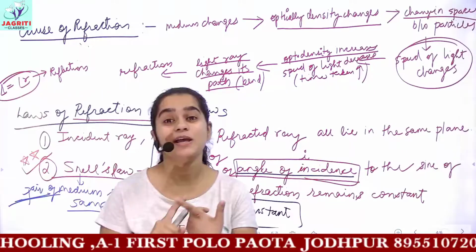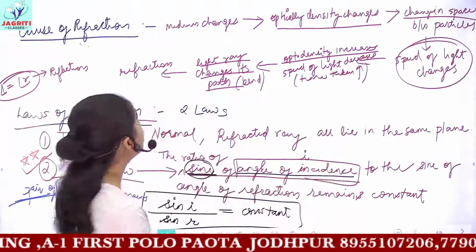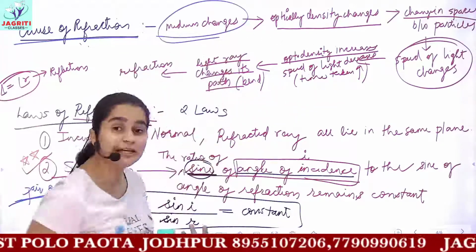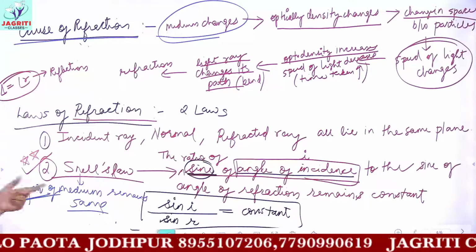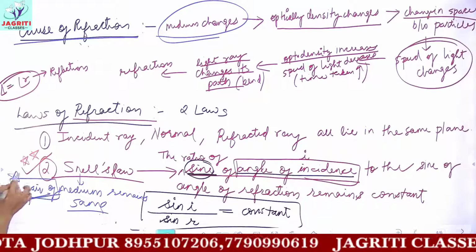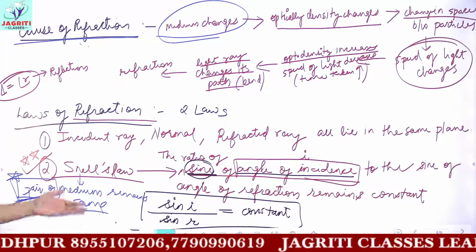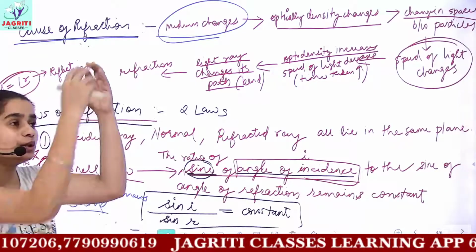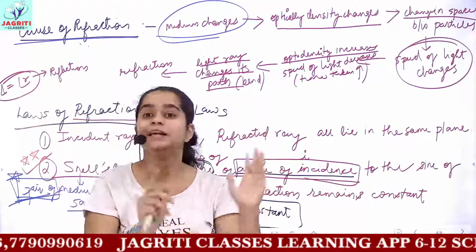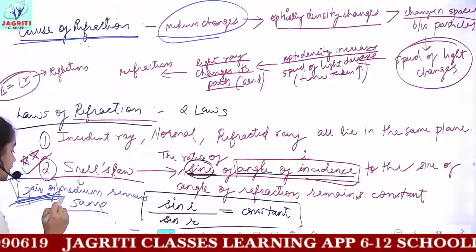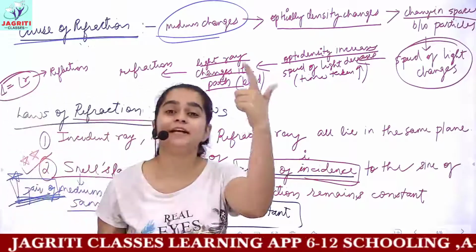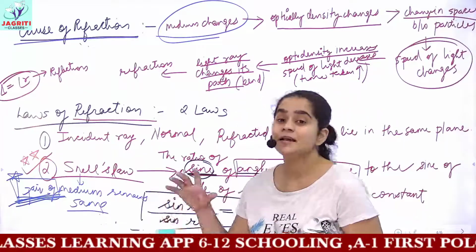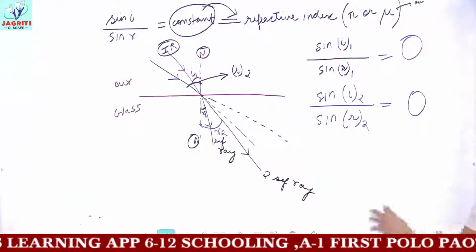Refraction only occurs when you have two different mediums. Due to change in medium, refraction occurs. So this word pair is very important. Do not consider that Snell's law is applicable when mediums are the same. I am not saying that both mediums should be air or both should be glass. I am saying a pair of medium: if you are taking one medium air and the other glass, then Snell's law would be applicable.